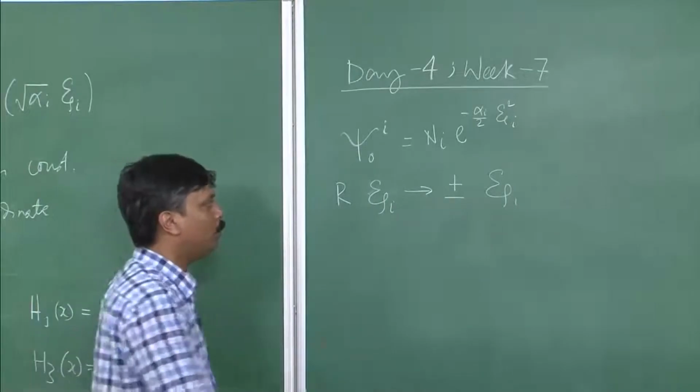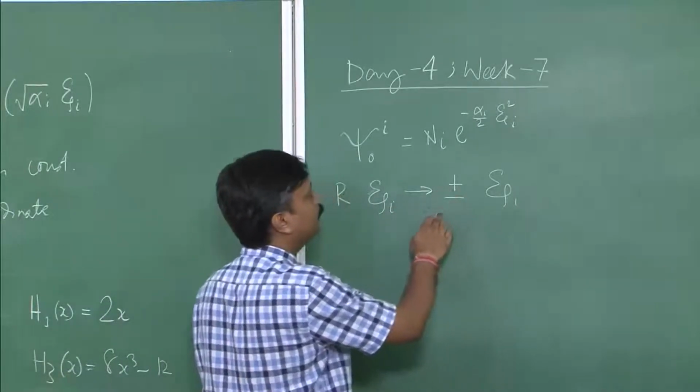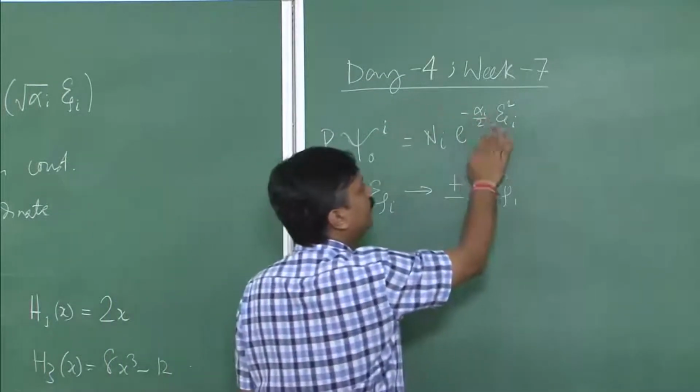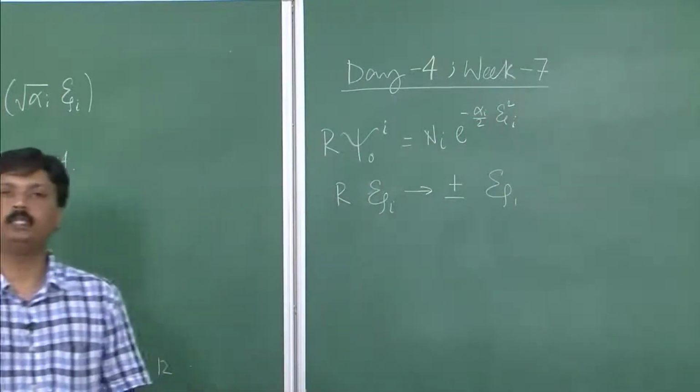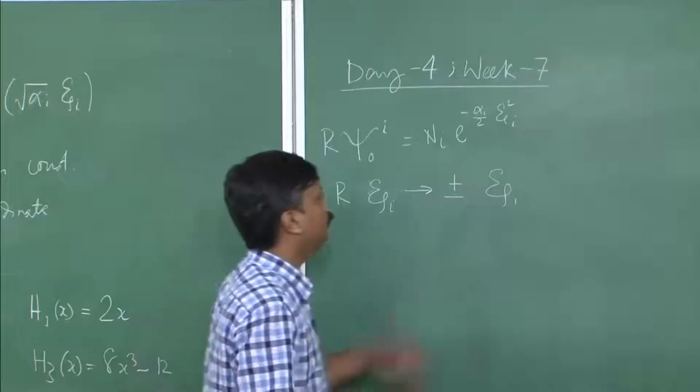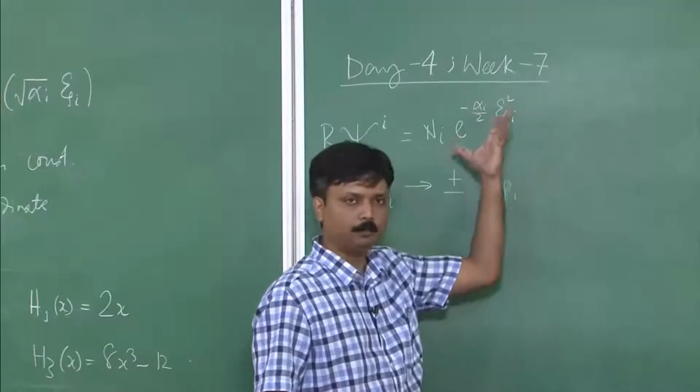So in whatever case, either it is plus or minus, if I apply r on this function, this is going to give me back always +1 times this function.